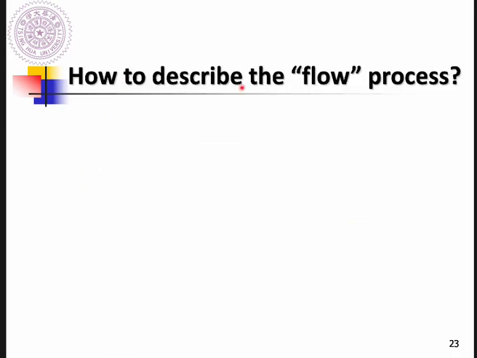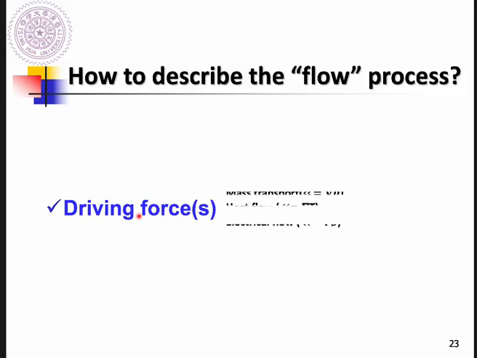So how to quantitatively describe the flow process? The first thing that comes to your mind probably will be that something flows into or through your material, right? So probably the first thing will be that there's definitely a driving force acting or applied on your material system.